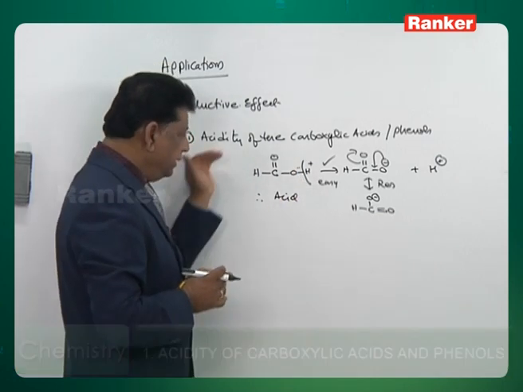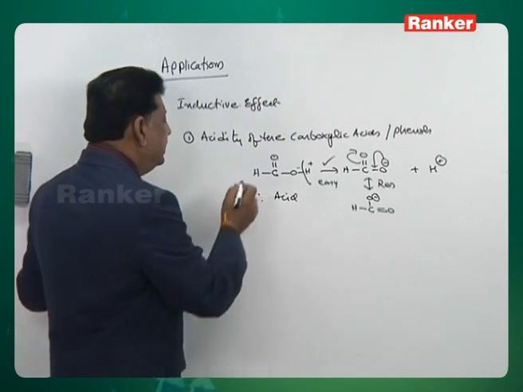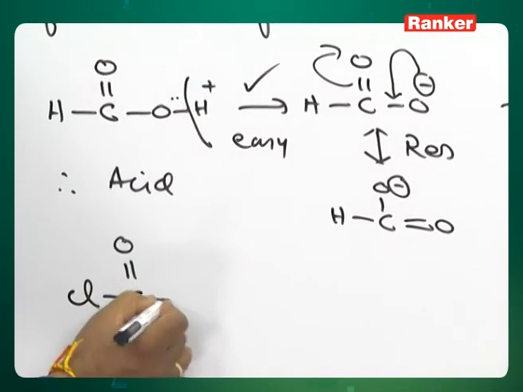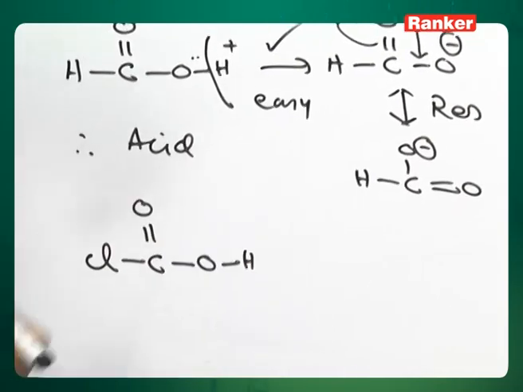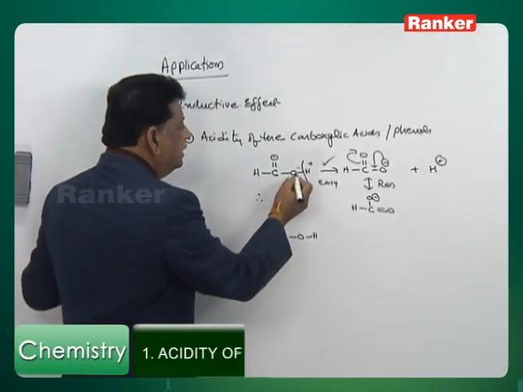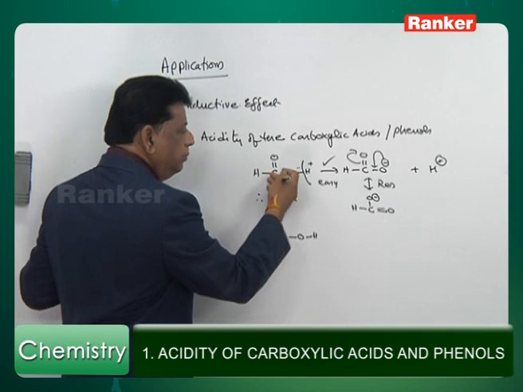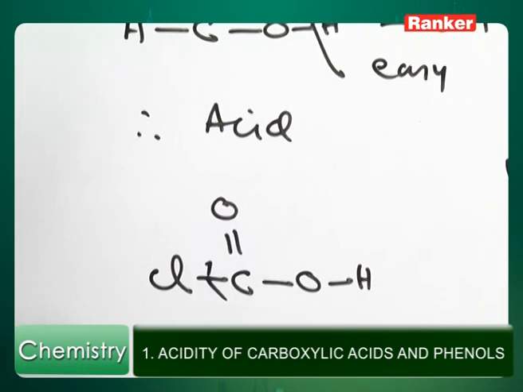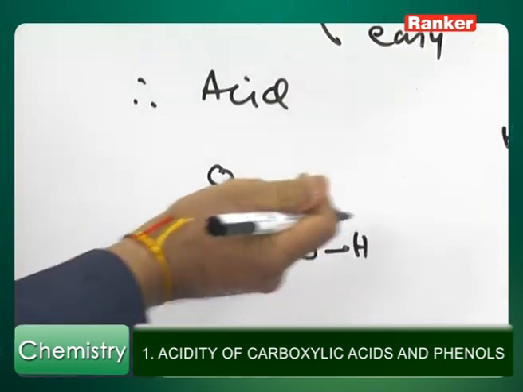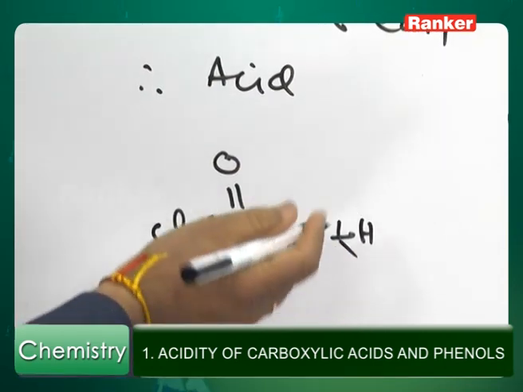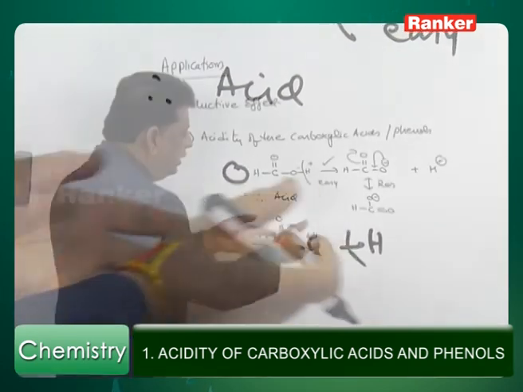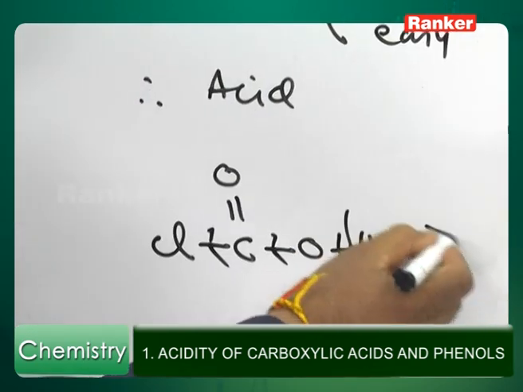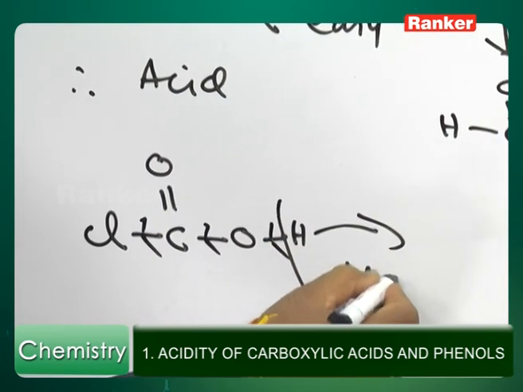Now, the application of the inductive effect is, if this compound has a chlorine here, what is the influence on this acidity? That is the influencing factor. Originally this bond has polarity this side or that side, leave it, but because the chlorine pulls here, the carbon also tries to pull, the oxygen originally pulls, but because of the chlorine the pulling property increases, therefore, removal of the H plus has become more easy.